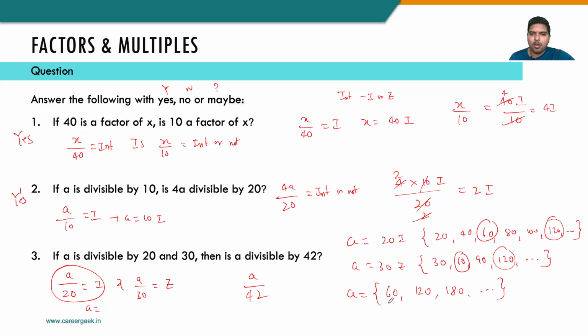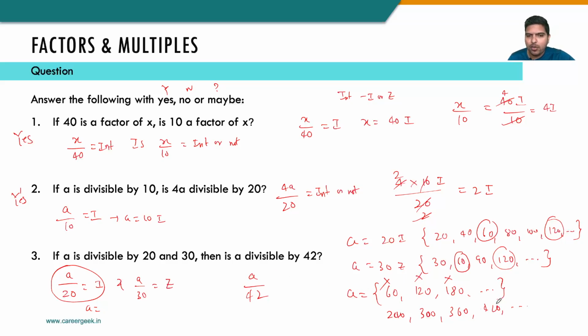Now, is a divisible by 42? No. 60 is not divisible, right? 120 is not divisible. 180 is not divisible. But if we go ahead, we'll get somewhere. If we go ahead, next is 240, 300, 360, and 420, and so on, right?